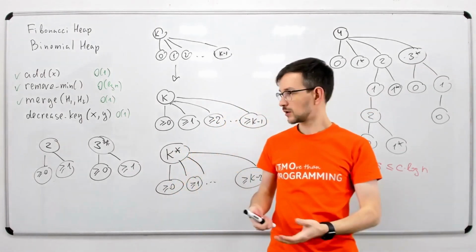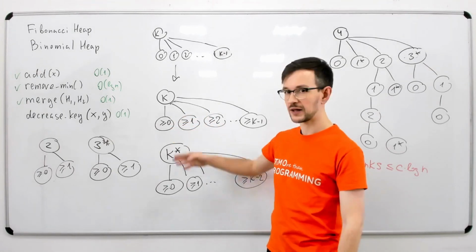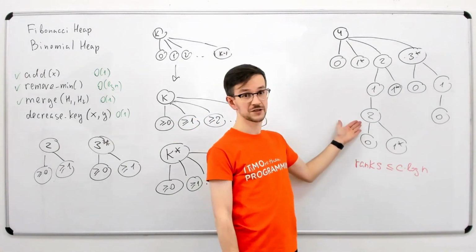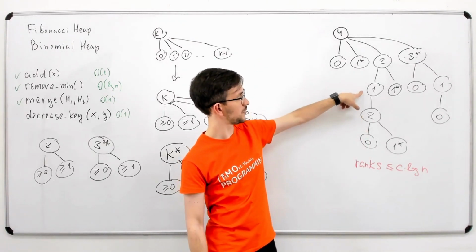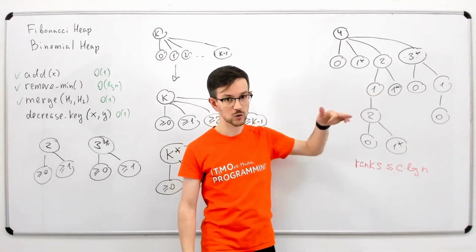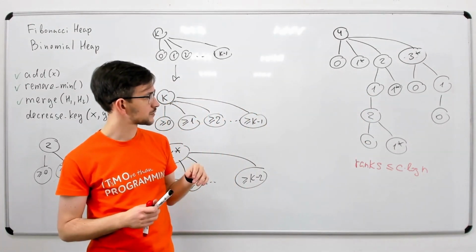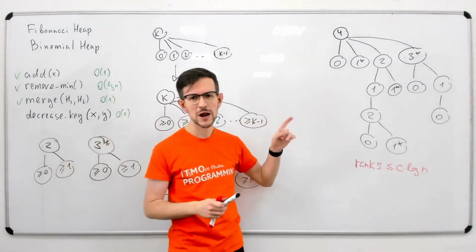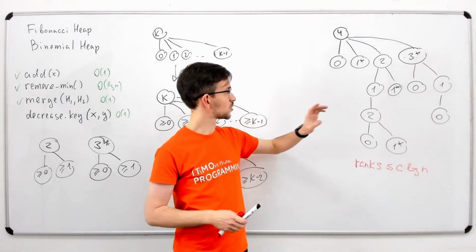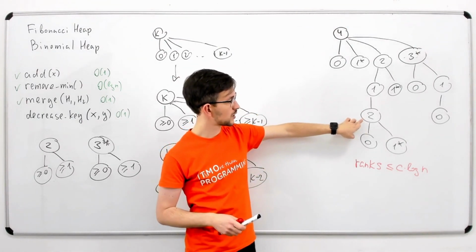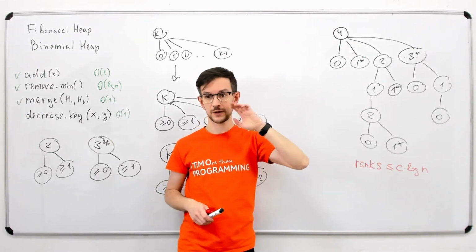The node of rank 1 must have one child, and this rank should be at least 0. 2 is at least 0. So it's okay to put a tree of rank 2 beneath the node of rank 1. That's fine. We may end up with situations like this. That's perfectly normal. So we can put the tree of the bigger rank to the parent of the small rank. That's fine.